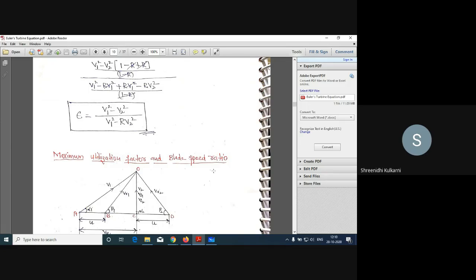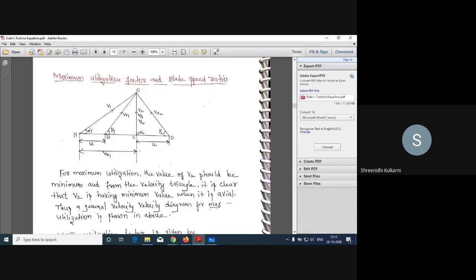In that, we have to assume the blade speed ratio and so on, so at least we have to derive this derivation. But before that, I have written the combined velocity triangle using a common base as well as a common apex. One is the common base, another is the common apex. This is the common apex.